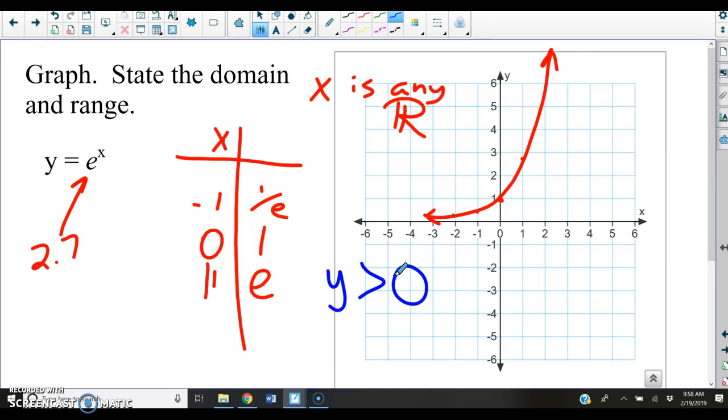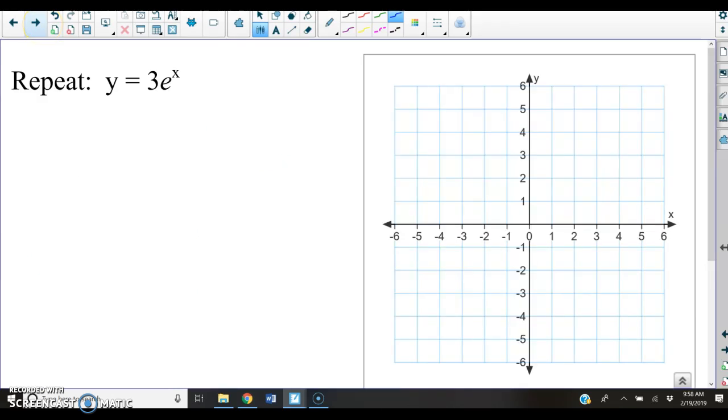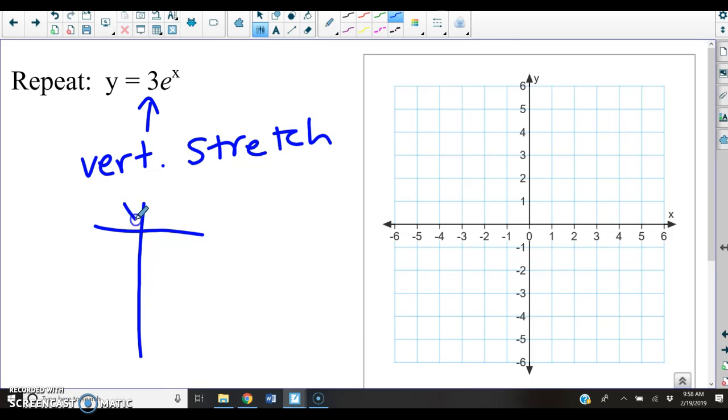Alrighty, next one. Okay, what does that constant 3 do? It's the same as before. That is going to make your graph have a vertical stretch. So if you were going to make the t-chart again, anything to the 0 is 1, but you got 3 times 1.